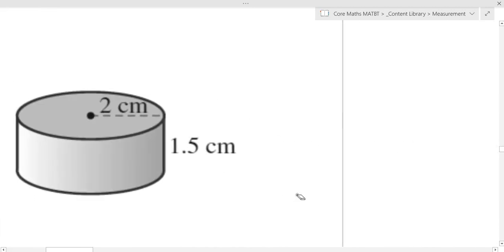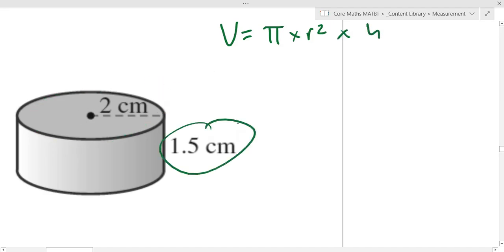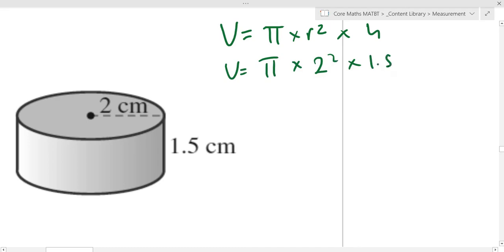So for the volume of the cylinder here, it's going to be the volume of the face, so pi times radius squared, so this area, and then times that by the height, which is that. So in this case, it's going to be pi times 2 squared times 1.5.